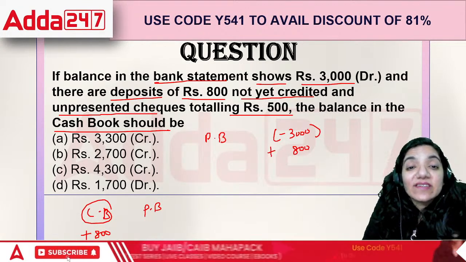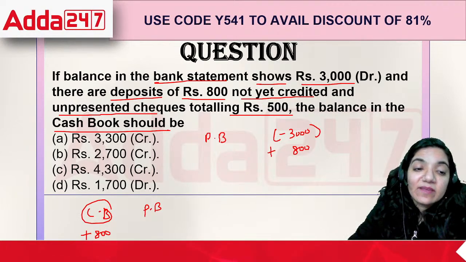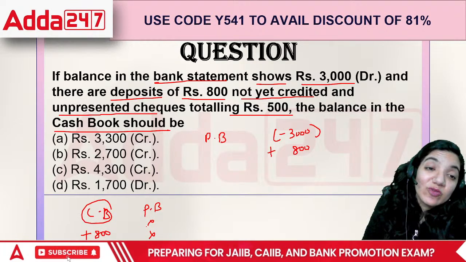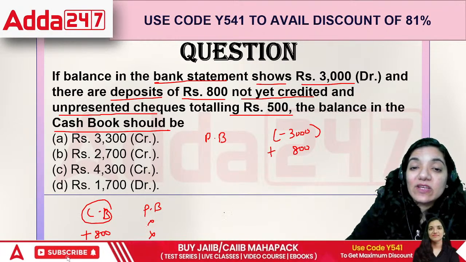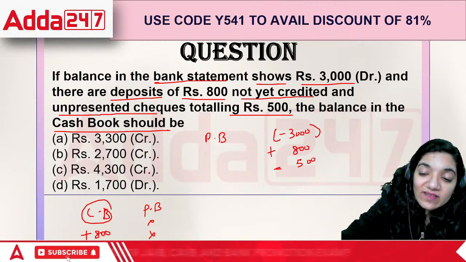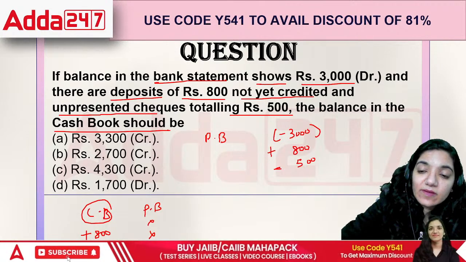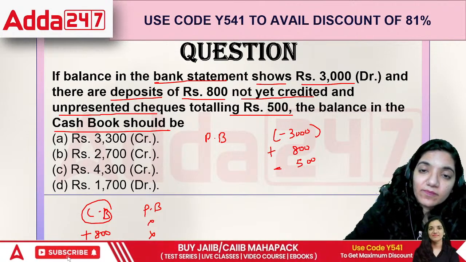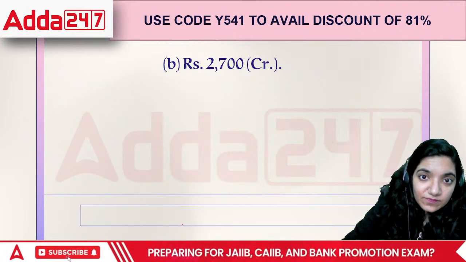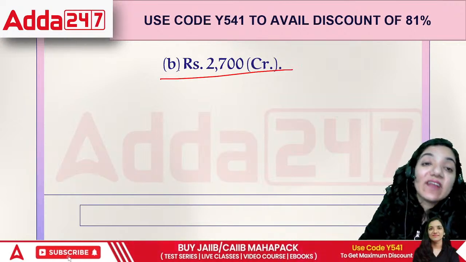Then unpresented checks. That means I thought the particular person has taken the money out, but the passbook had no clue about it. So what will the passbook do? The passbook will follow wherever I'm going, so it would also deduct rupees 500. What would be the answer then? The correct answer would be, in terms of the cash book, it would be 2700 credit.